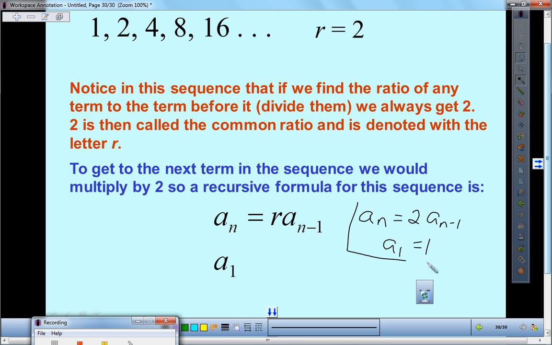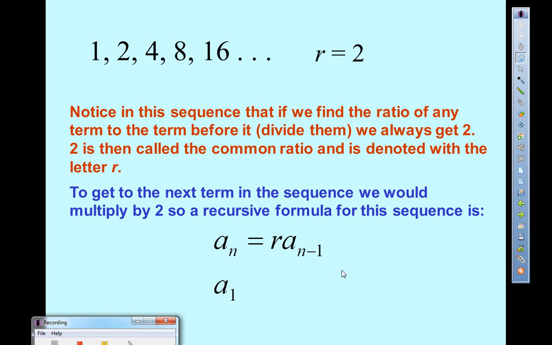If we want to find the next term after 16, we would simply multiply it by 2, which would give us 32, and that would be the next term.